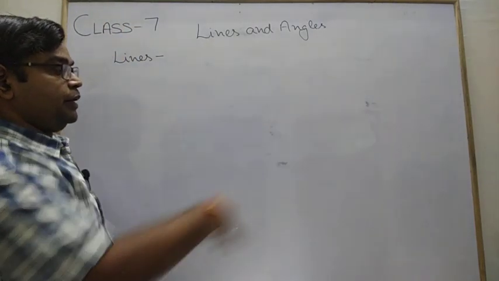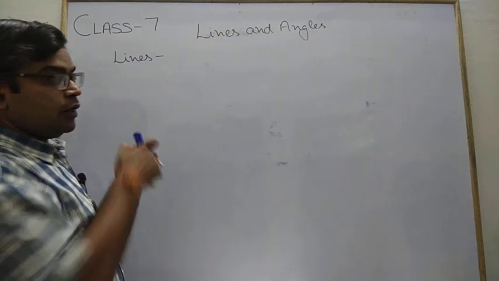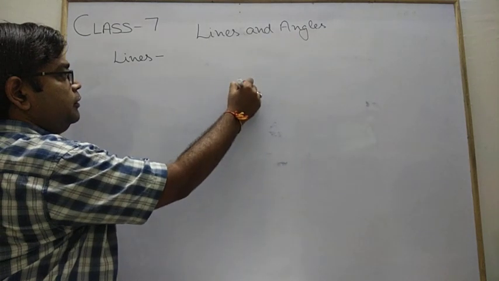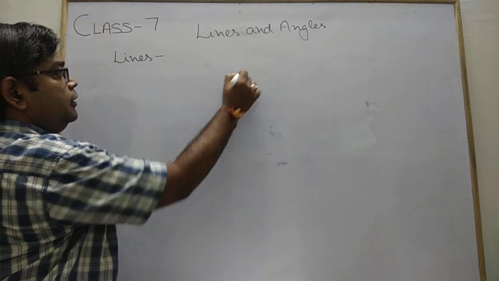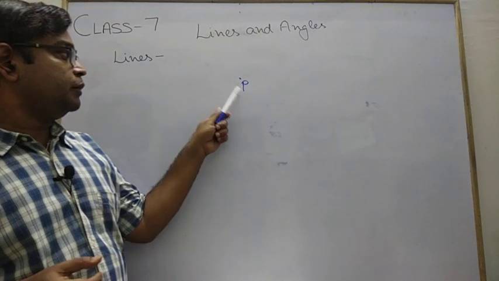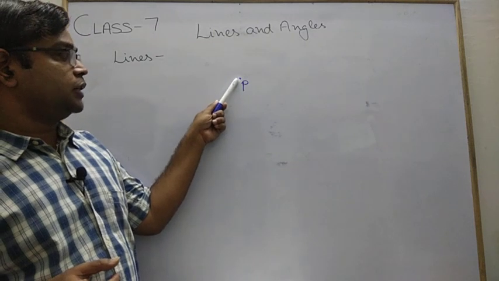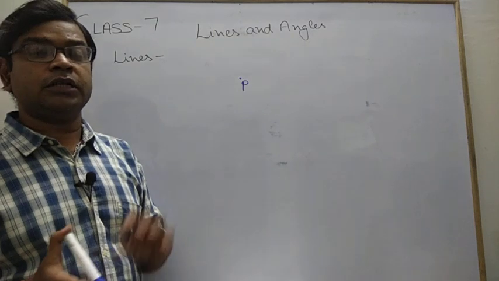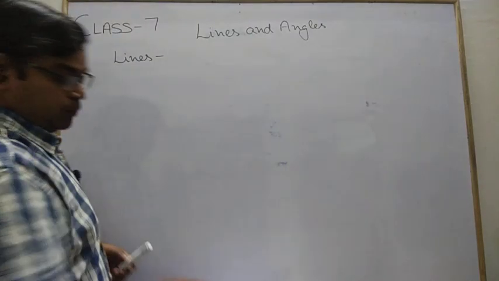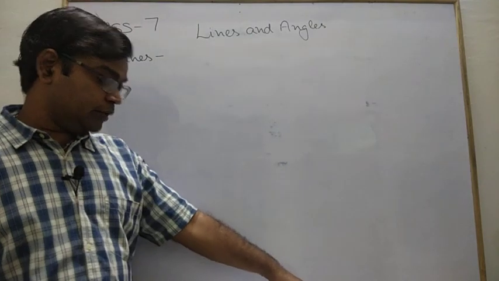In this space we have some location, and this point P. Generally points are indicated by a capital letter. So this point P indicates the location of this thing. A point always indicates a location in this space.